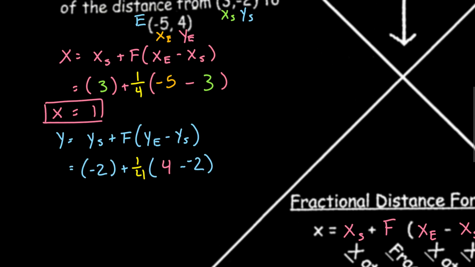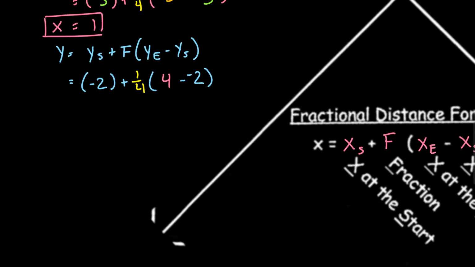So, what do we see happens here? Yeah, what's 4 minus -2? 6. So it's 4 plus 2, which is 6. What is 6 times a fourth? 3 over 2. So -2 plus 3/2. What do we get?